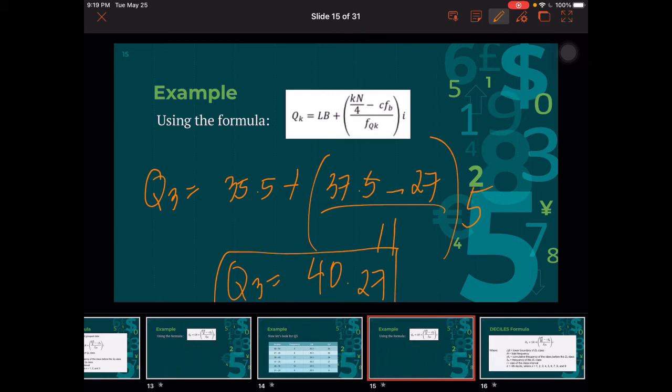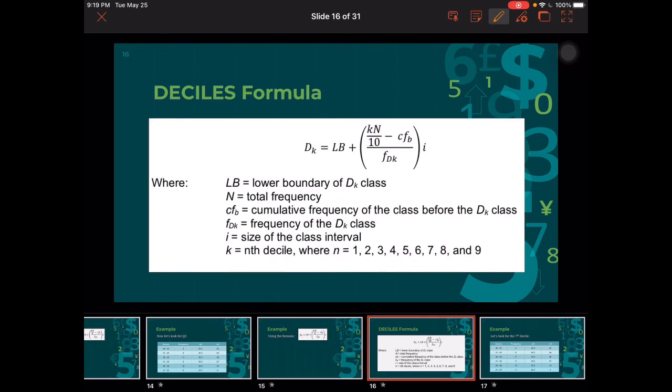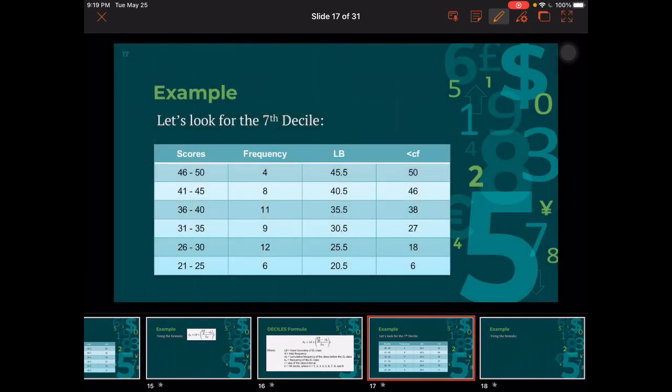Siyempre, magkakalculate din tayo ng decile at saka ng percentile, no? So, for the deciles, as you can see, it's exactly the same. Nagbago lang siya ng position. Okay? So, let's look for the 7th decile. Hanapin muna natin yung position ni 7th decile. So, that's 7 over 10 of 50. Ano po yan?